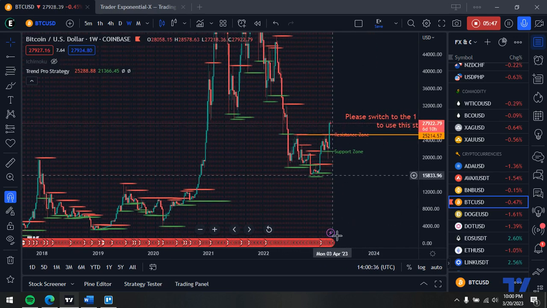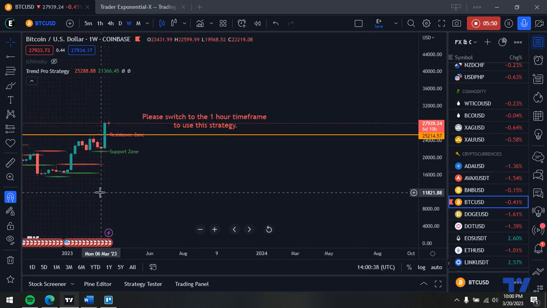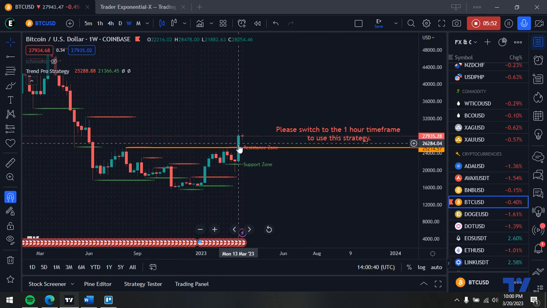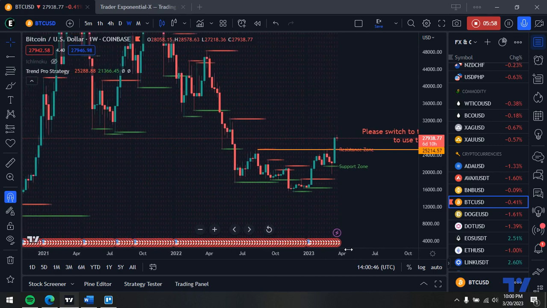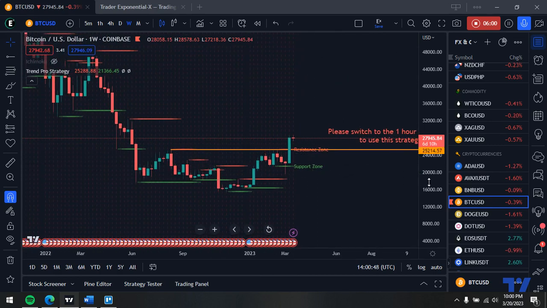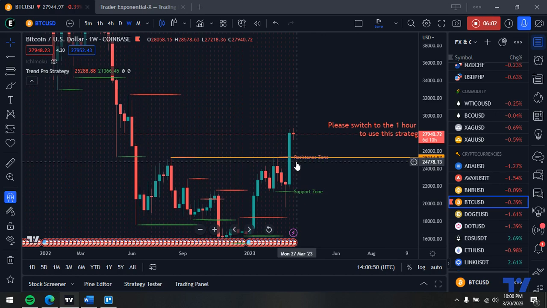But clearly, this candle here is sort of justifying that this whole area here is a support. Okay, and that's why Trend Pro recognized it as a resistance zone automatically. By the way, I'm on the weekly chart. Let's go down to the daily and have a look.